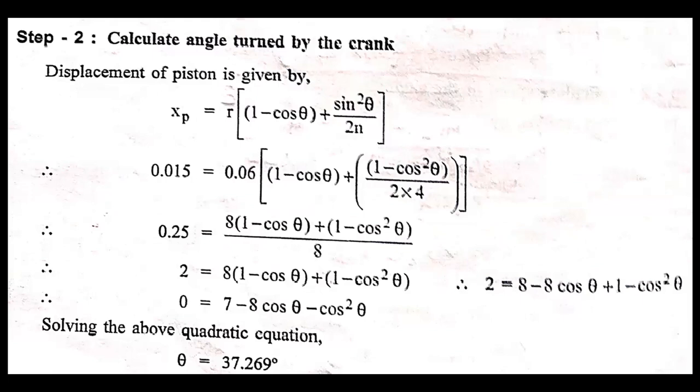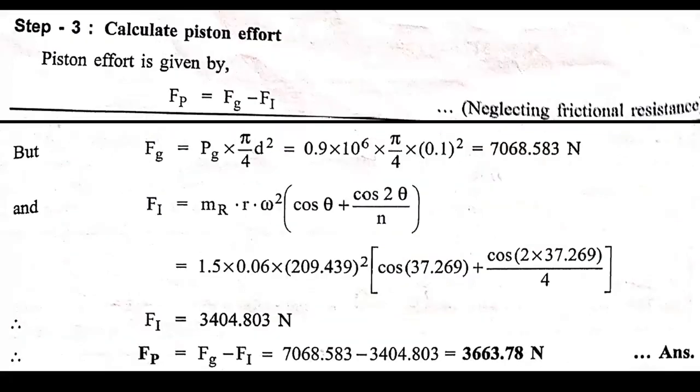Then the angle turned by the crank: xp is equal to r into (1 minus cos theta plus sin square theta upon 2n). So we get theta equal to 37.269 degree.